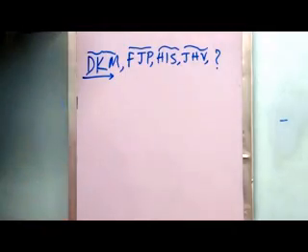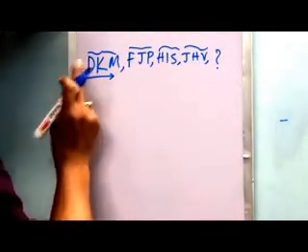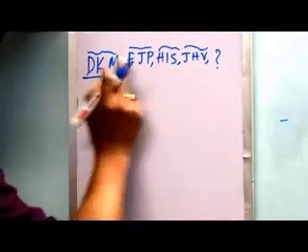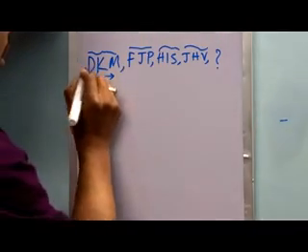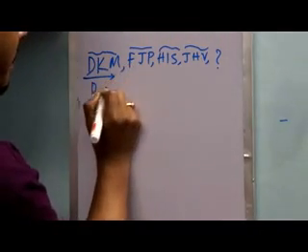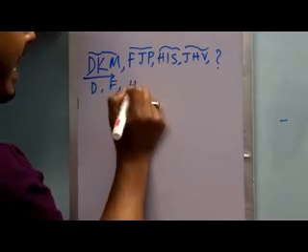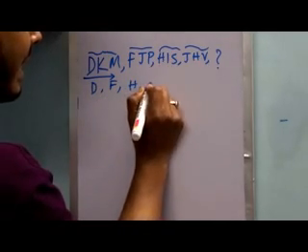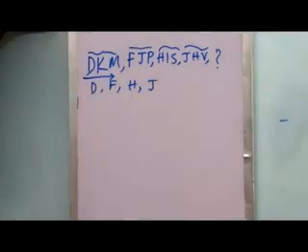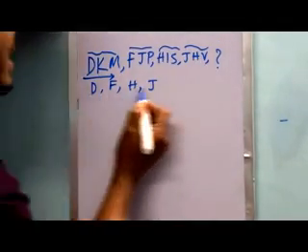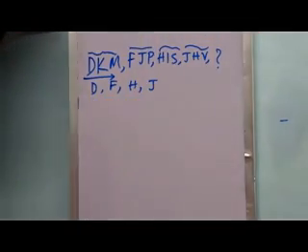Let's consider the top left letter of each fragment: D, F, H, J. Now let's find the relation between them.